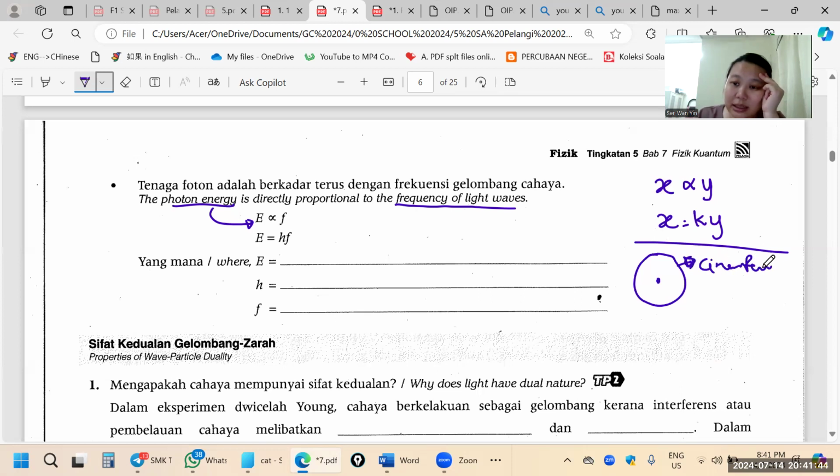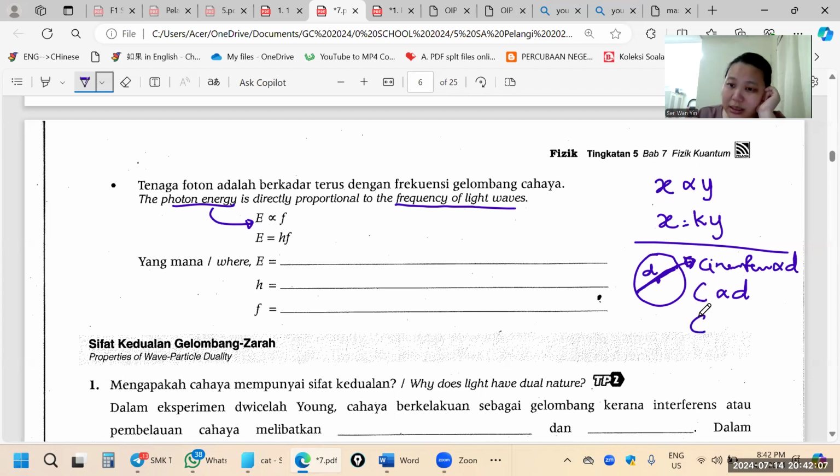Circumference is directly proportional to the diameter of the circle. So what's the ratio?